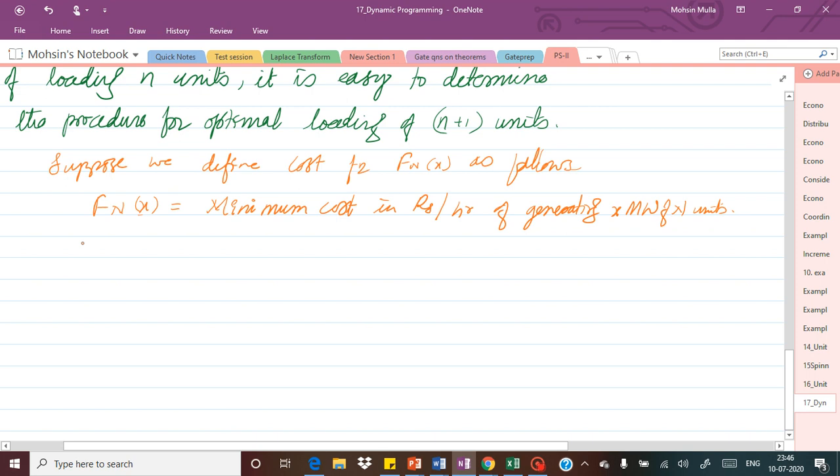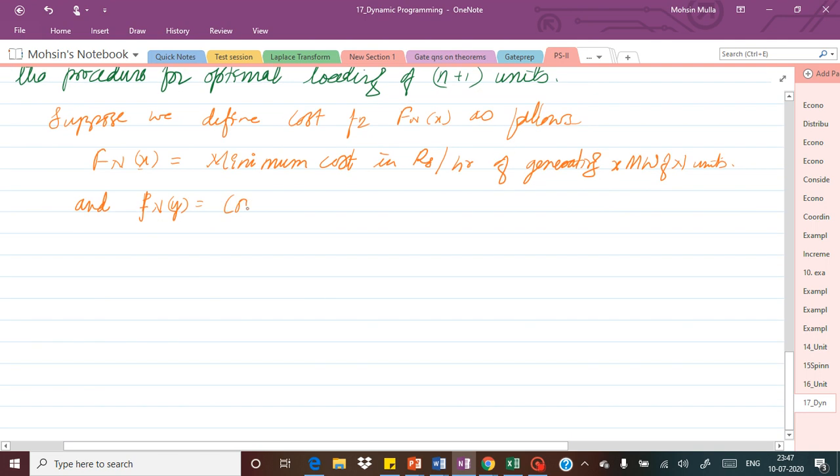Similarly, we will write another function f_n(y), the cost of generating y megawatt by the nth unit. For n units it is the minimum cost function, and here it is just for that single nth unit.